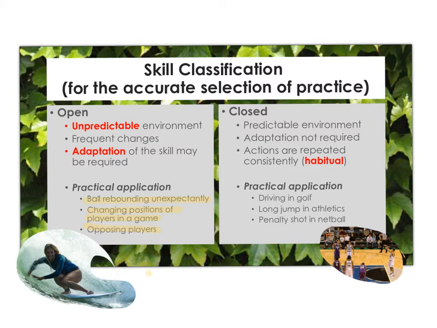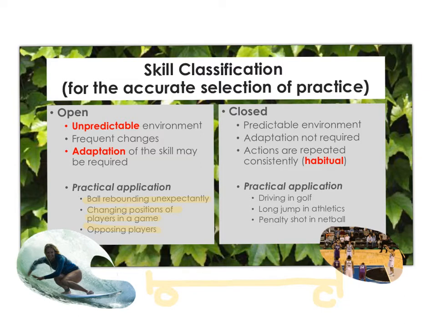On the other end of the continuum, if we imagine this continuum like a line, we have the closed skills. Just for the record, it doesn't matter which way round on your continuum these words are, but it will be open at one end, closed at the other. In a closed skill, you've got a predictable environment. It's the same thing every single time.